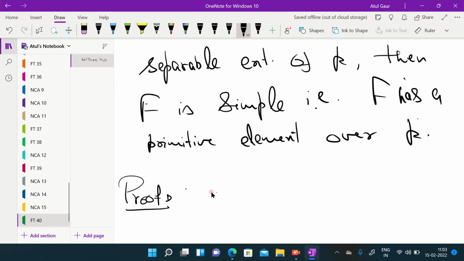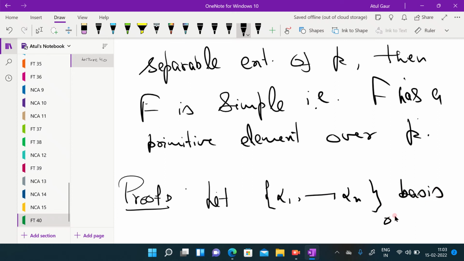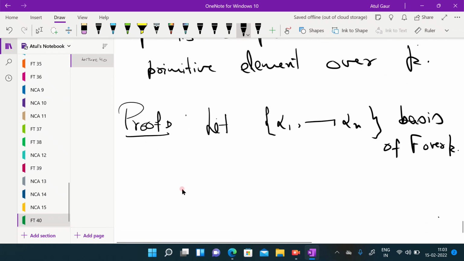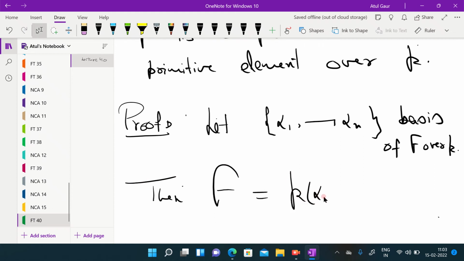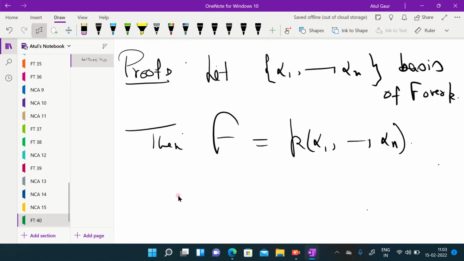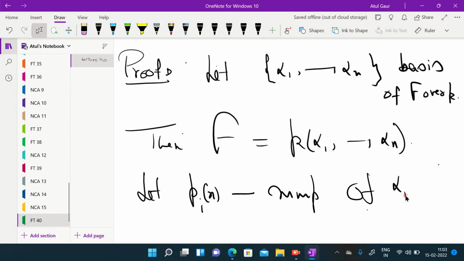So F is a finite extension. You may assume, let's say, alpha 1, alpha 2, alpha n is a basis of F over K. Then what you already know, you adjoin all these elements to K, you will get F. And let's say p_i x is the minimal polynomial of alpha i over K, and this is for all i.